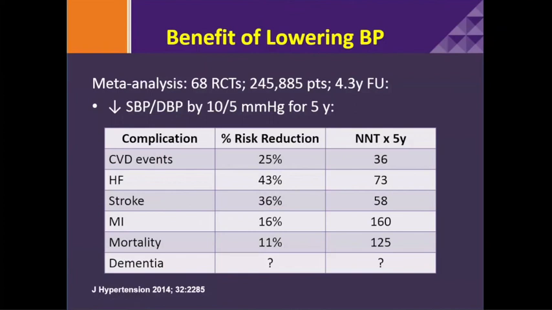You should know this so that you can tell your patient. When you give counseling, it's not that you just say hypertension we should treat. You should say that if I treat your hypertension, we are reducing the risk of getting cardiovascular disease by about 25%.